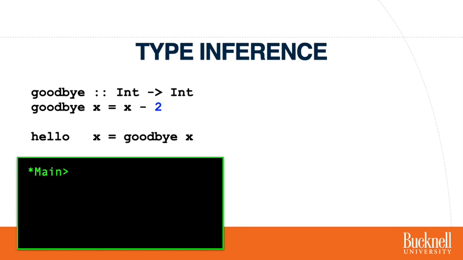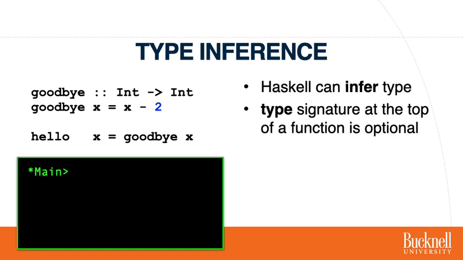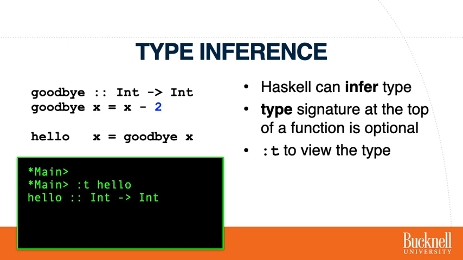That's actually okay. Haskell can infer the type. The type signature at the top of a function is actually optional. We can use :t to view the inferred type. We see that Haskell has correctly inferred that hello is a function that takes an integer and returns an integer.